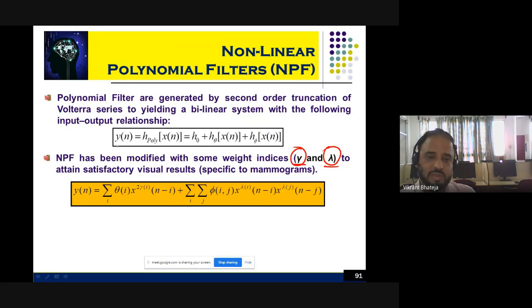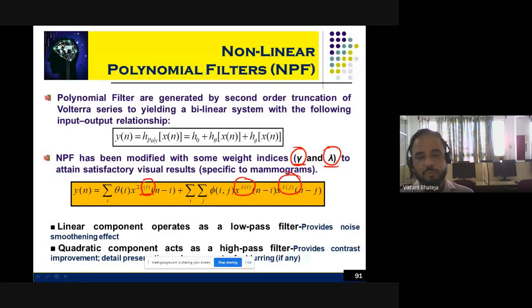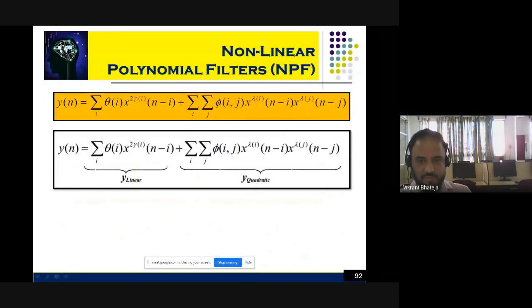Gamma is a tuning parameter in the linear part of the filter, and lambda is a tuning parameter in the quadratic part of the filter. Again, the filter is a combo of your high-pass and low-pass filter, or a linear and quadratic component. Only what we have done is incorporate two tuning parameters: gamma on the linear part of the filter, and lambda on the quadratic part of the filter.